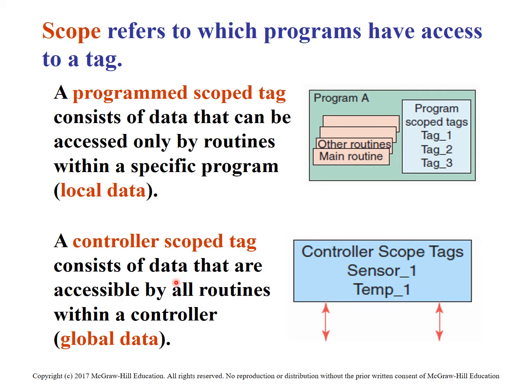So when you make the mistake of creating tags in the local data, that subroutine doesn't necessarily go out and look at other subroutines' information, or it doesn't necessarily update those tags. And so when you have tags in this program scope location, it doesn't update those tags, and so you're missing information every time you scan the program.